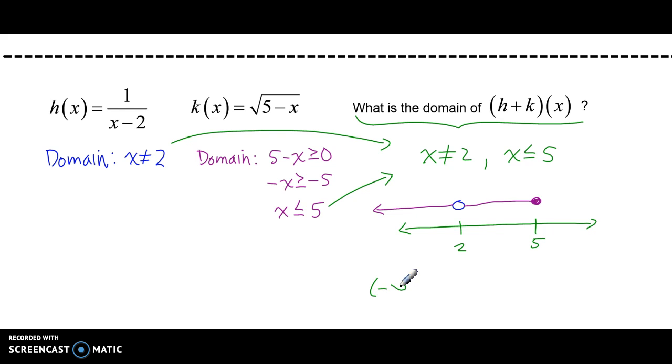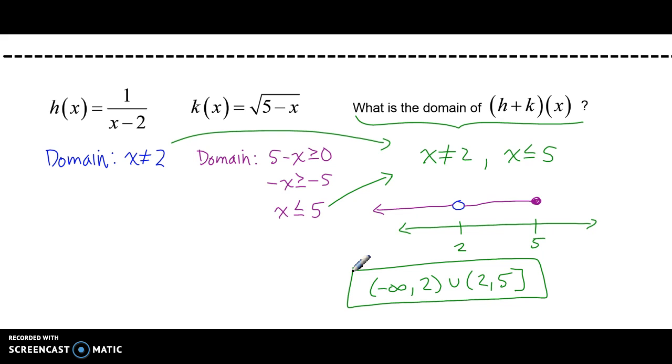There's an interval on the left that goes negative infinity to 2, and then there's an interval on the right that goes from 2 to 5. So really the best way to write up the answer here is interval notation, and it would end up looking like this. Negative infinity to 2, union with the interval from 2 to 5, including 5.